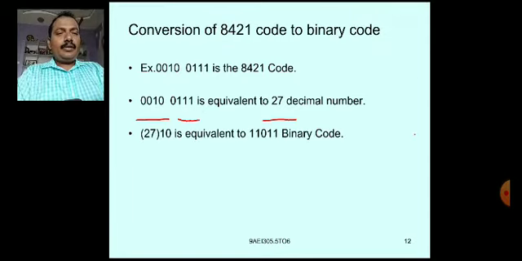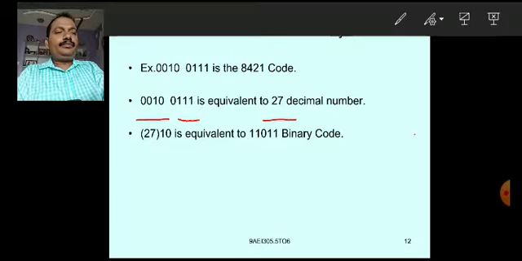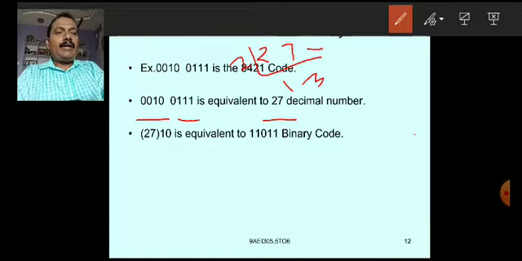Now this 27 must be converted into binary code by successive division by 2, like this. Take 27, divide by 2. 2 ones are 2, 2 threes are 6. Remainder is 1. 2 sixes are 12.